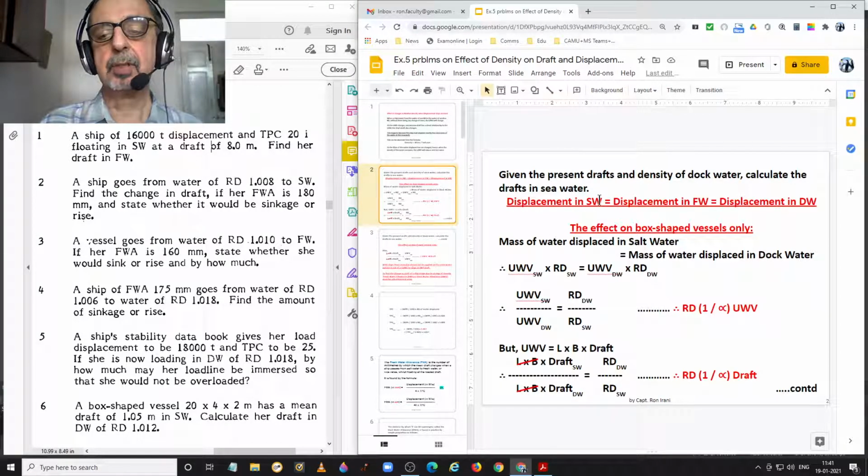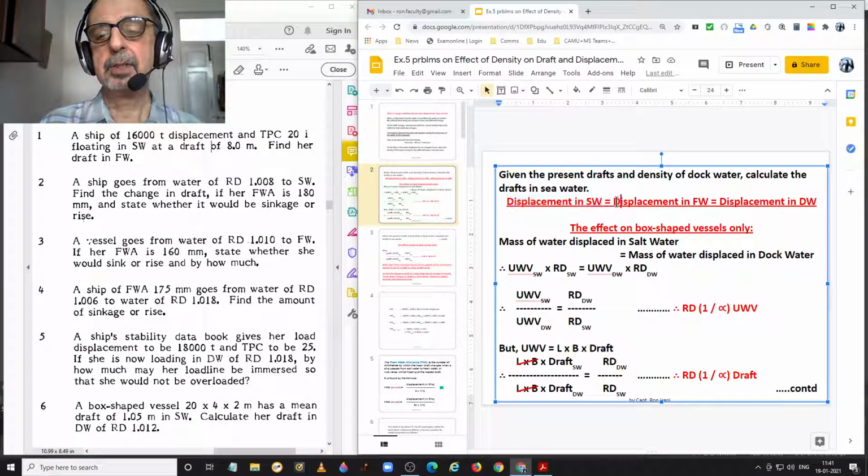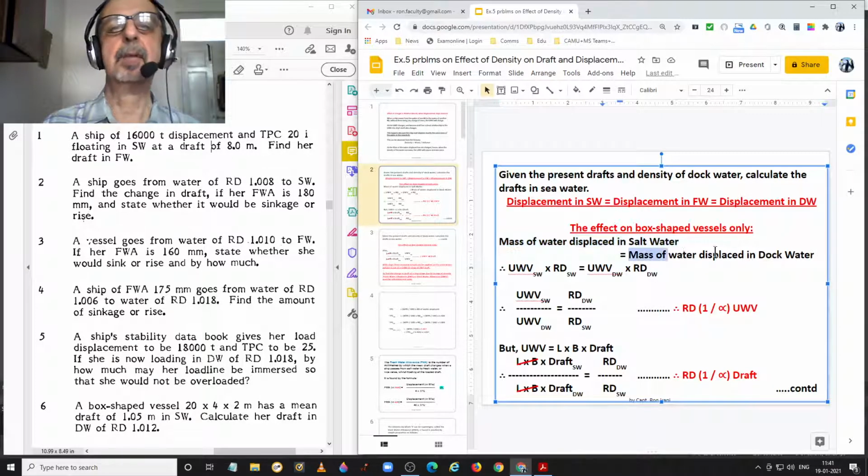Displacement in salt water is equal to the displacement in fresh water, and it is equal to the displacement in dock water. Now this is for the effect on box-shaped vessels only. Mass of the water displaced in salt water equals the mass of the water displaced in any dock water.